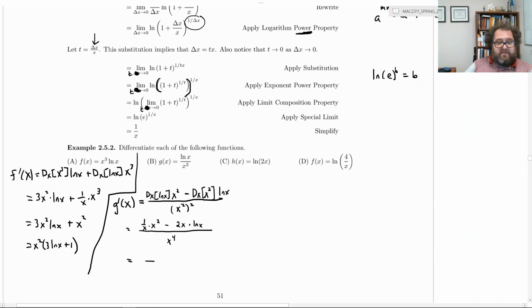Let's simplify a little bit here. We have 1 over x times x squared, so you have a single power on the bottom and a square on the top, same base, so you subtract 2 minus 1 and you get just x, minus 2x natural log x, over x to the fourth. Now we can definitely simplify this by factoring an x out of the numerator. Now, be careful here.